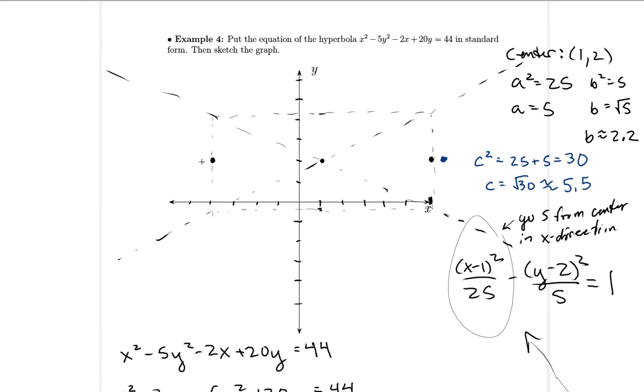So there's my foci right there. And so that allows me to get this thing sketched. I know that it's got to approach those asymptotes. So I'll make sure that's what I'm conveying as I sketch this hyperbola.